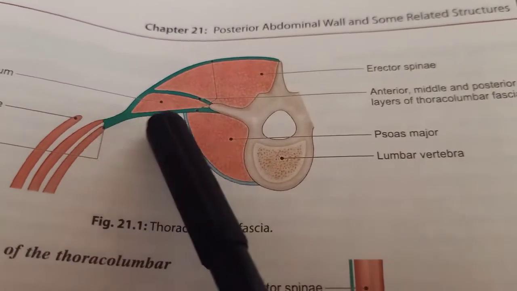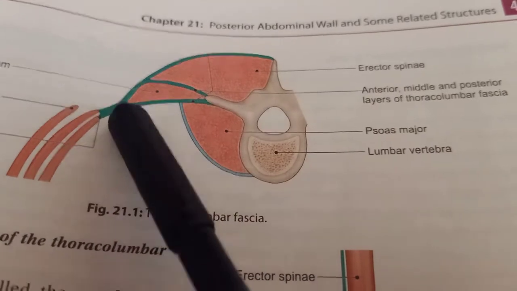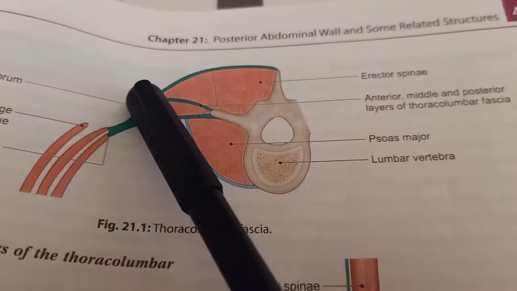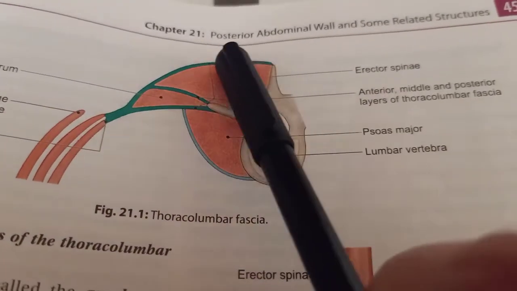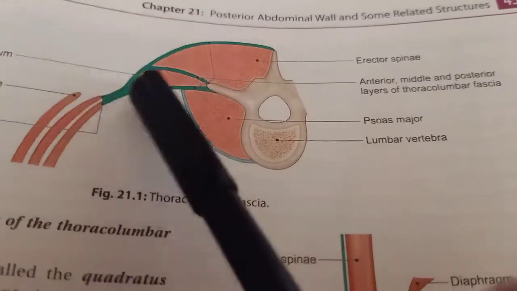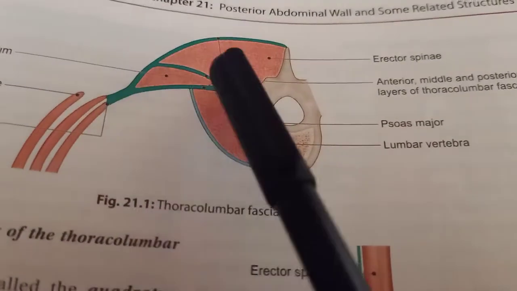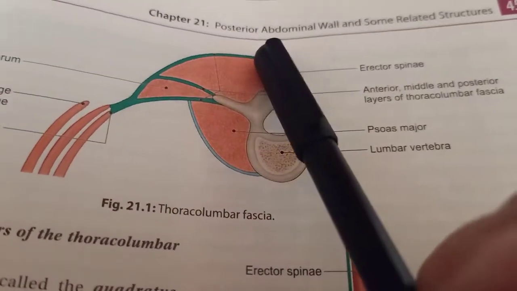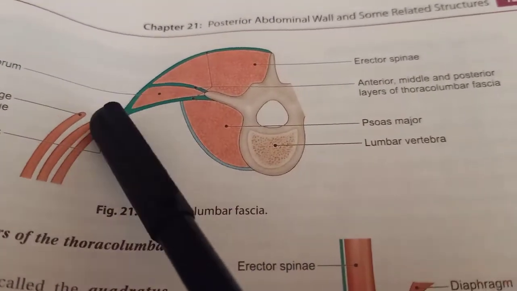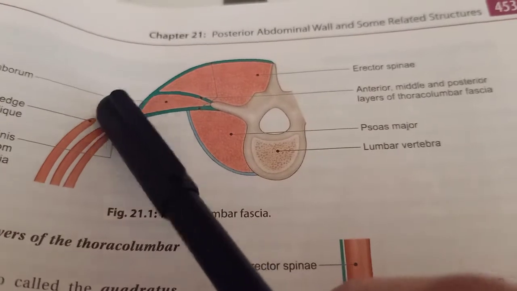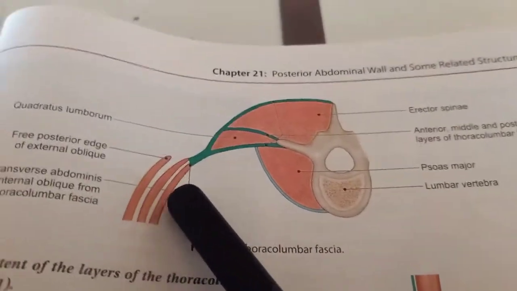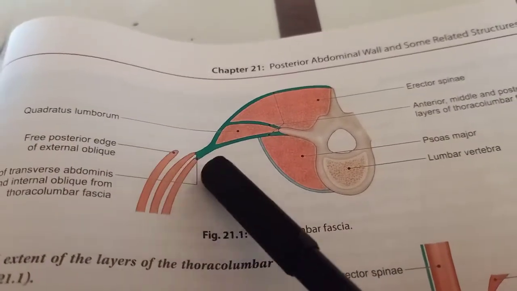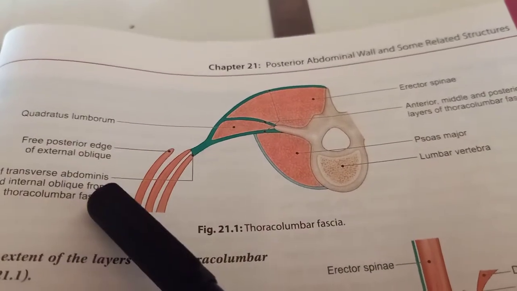This is the anterior layer of the thoracolumbar fascia. This is the middle layer, and this is the posterior layer. All these three layers blend together and form an aponeurosis which gives attachment to the transversus abdominis and internal oblique muscle.